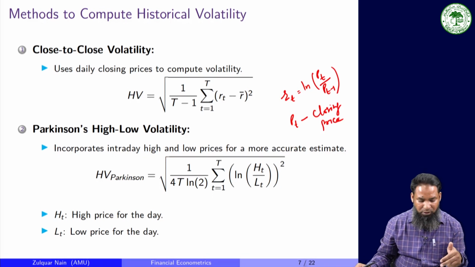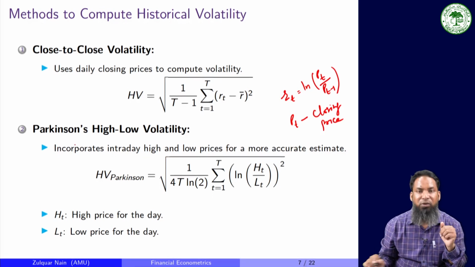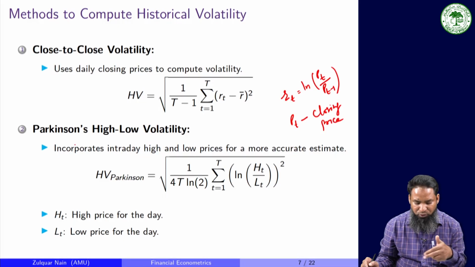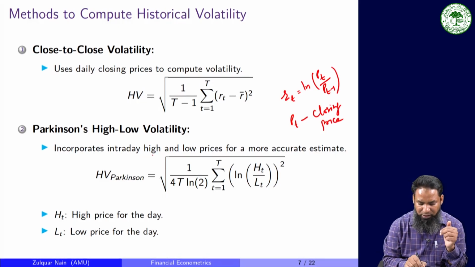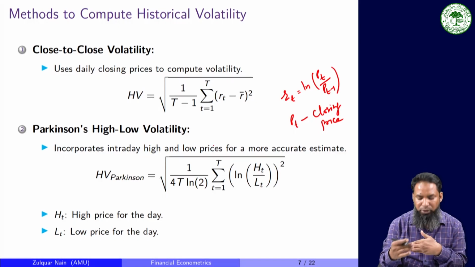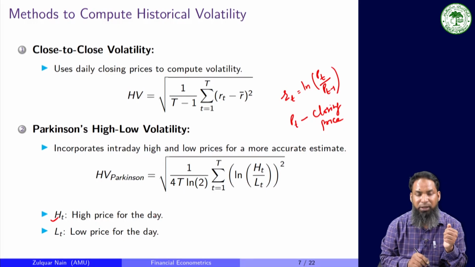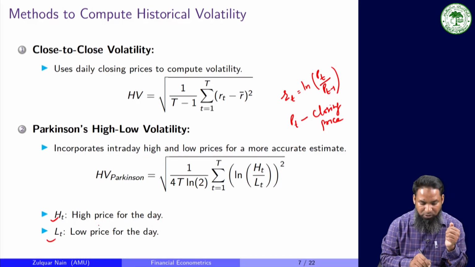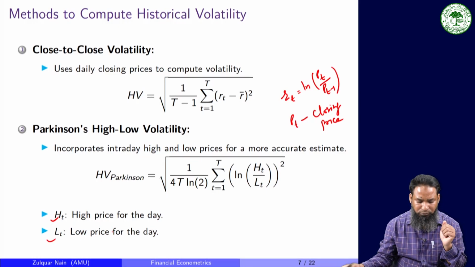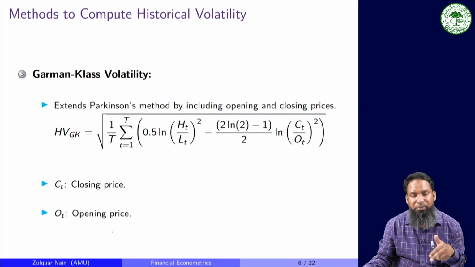On the other hand, in Parkinson's high-low volatility, instead of using the close prices, we use the intraday high and low prices for a more accurate estimate. Here S_t is the high price for the day and L_t is the low price for the day. What is the Garman-Klass volatility?